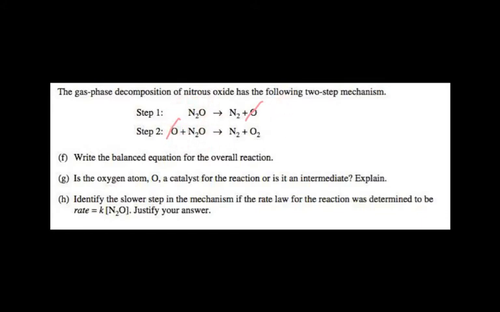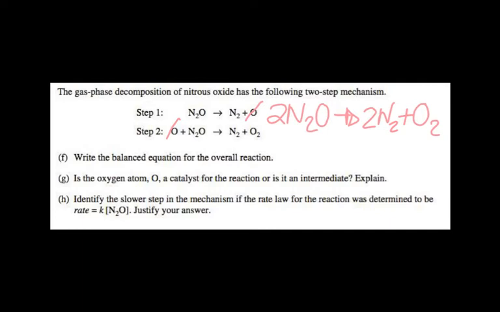So we end up with 2 N2O, and then we've got 2 N2s and 1 O2. That would be the balanced equation for the overall reaction. You can see that's 4 nitrogens, 2 oxygens, 2 oxygens.